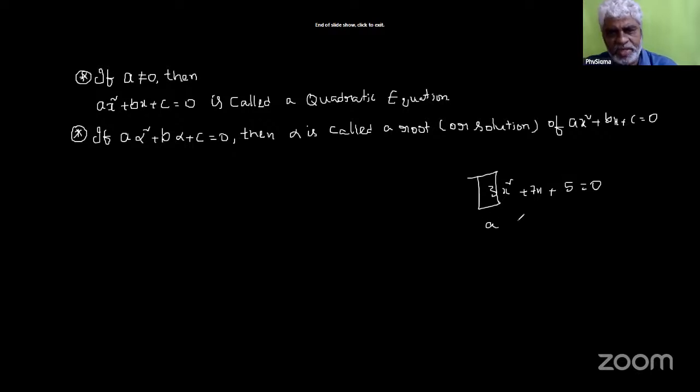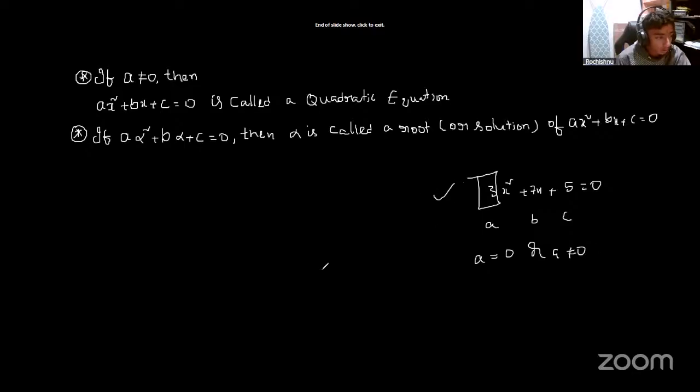What is b? 7. What is c? 5. Here, is a equal to 0 or a not equal to 0? Here a is not equal to 0.